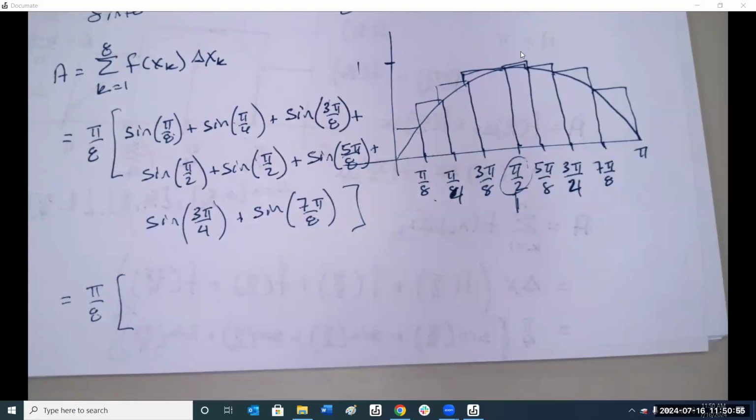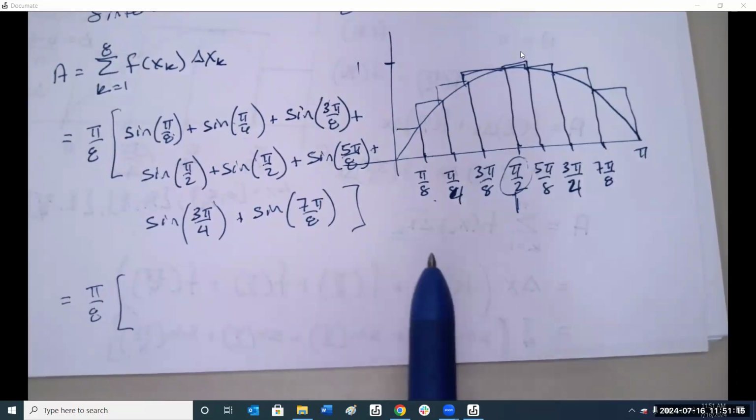So pi over 8. So 180 divided by 8, 90 divided by 4, 45 divided by 2, 22.5. So we got to use a calculator here. But yeah, pretty much that's all you do next is use a calculator.